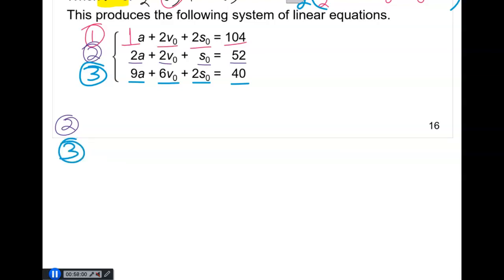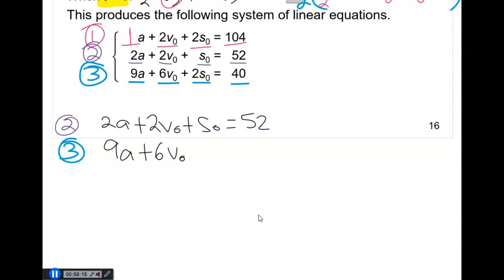So equation number 2 says 2a plus 2v sub 0 plus s sub 0 is equal to 52. And then equation 3 is 9a plus 6v sub 0 plus 2s sub 0. And what I want to do is multiply one of them so that I can cancel one of the variables.